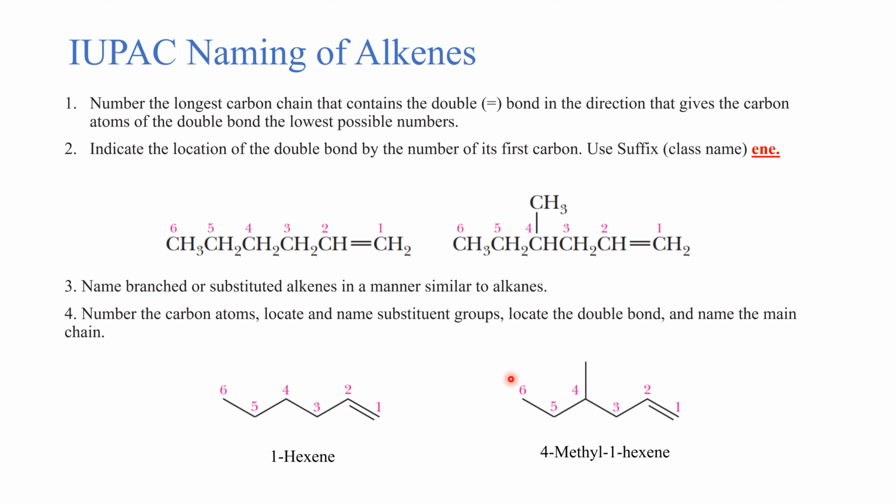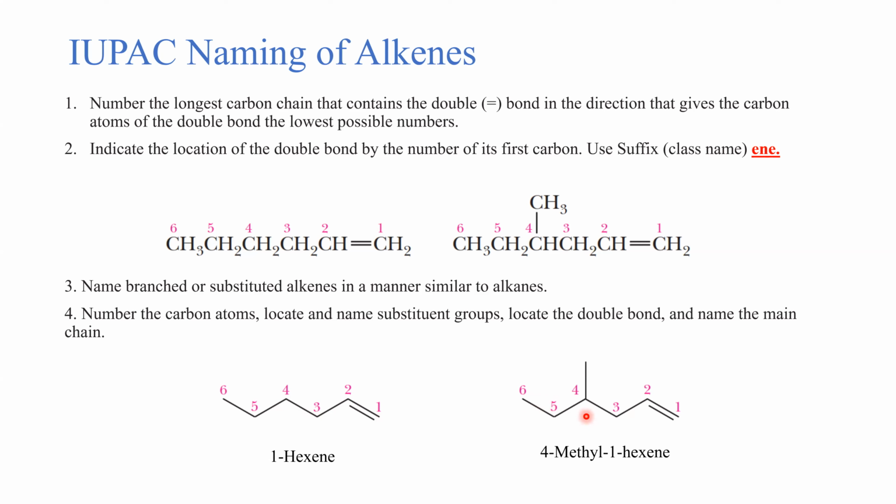And if I go to this side, this is a 6-member chain. And in both cases, we are including that doubly bonded side. So it means we will prefer this longest chain because it is higher in carbon number, and it includes the carbon-carbon double bond.